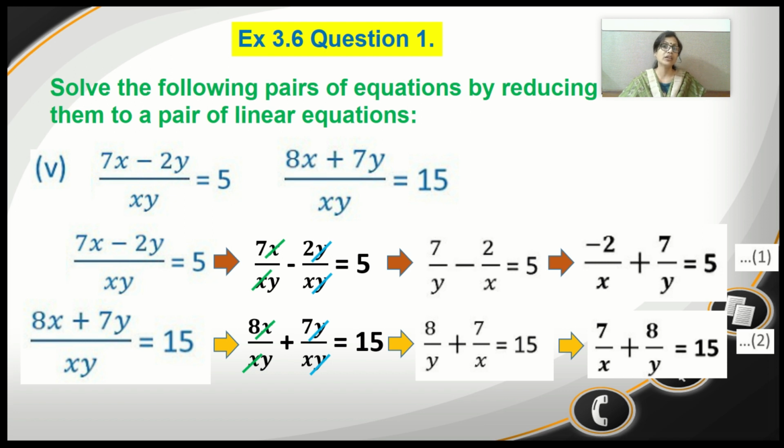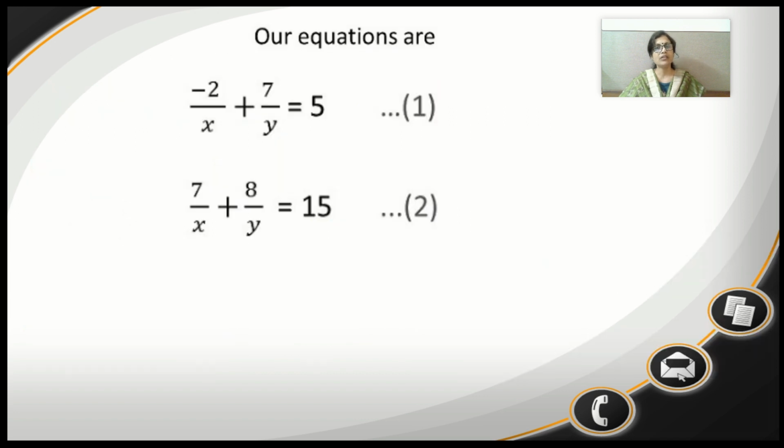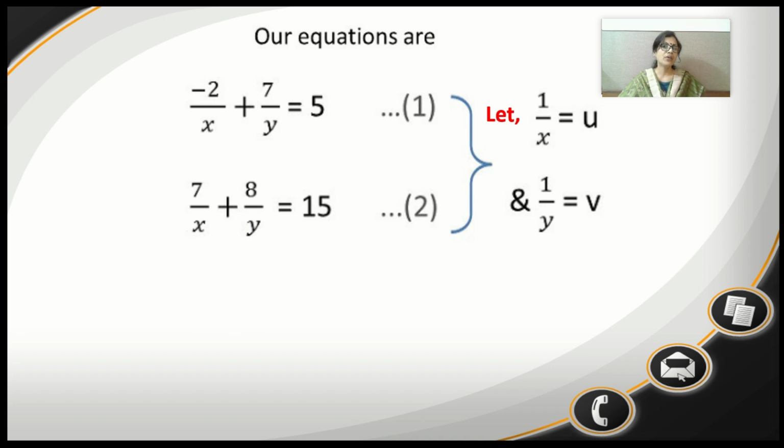So we need to convert them once again. So let's go ahead. These are the two equations which we got. So to convert this into linear equations in two variables, we will substitute let 1 upon x is equal to u and 1 upon y is equal to v. So what will be our equation 1 then?